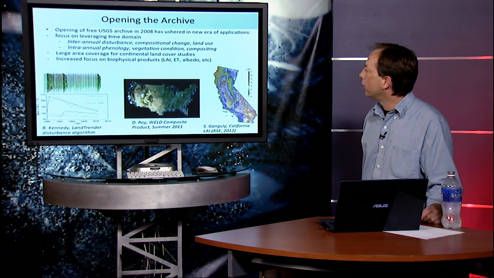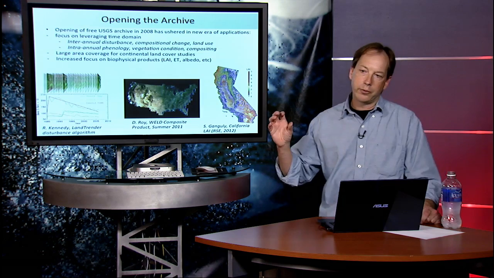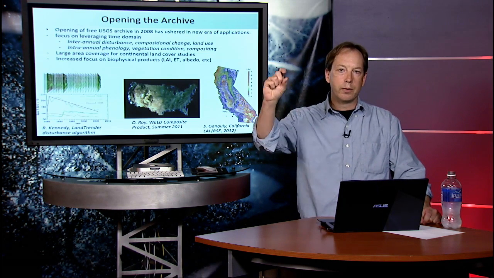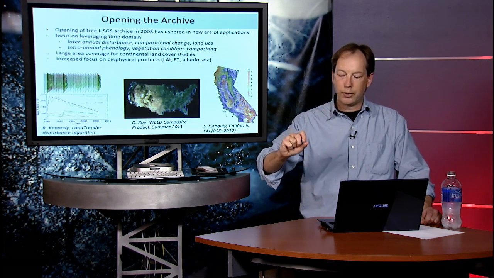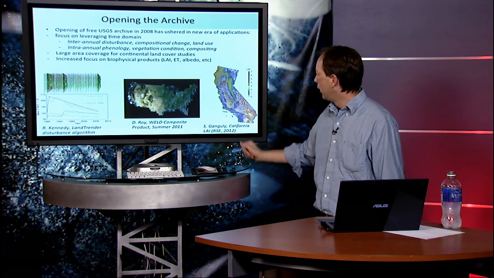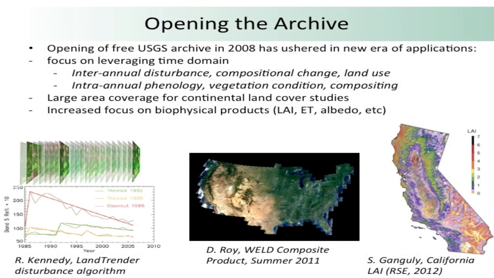And finally, there's also an increased focus on biophysical products. And these are the kind of products you need if you're going to start to translate from the global vegetation models and climate forcing into observations. And so, for example, some of Sangram's work here showing off a leaf area index derived from a radiative transfer model for all of California.